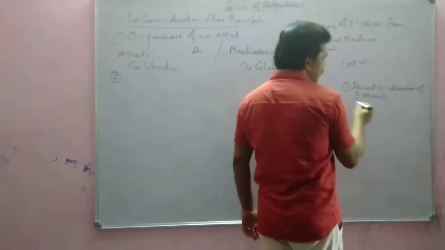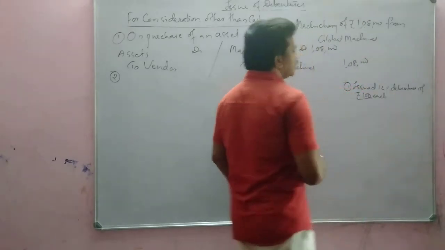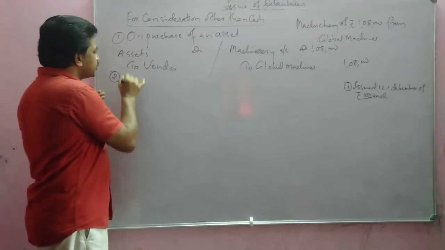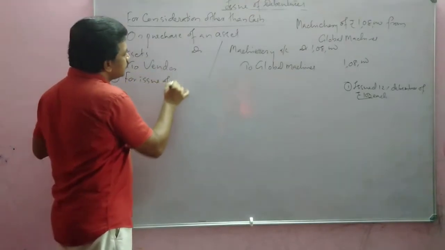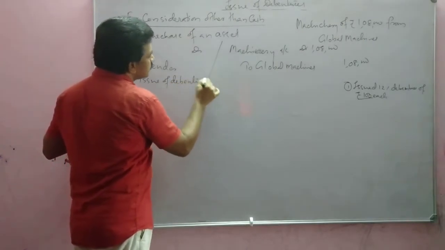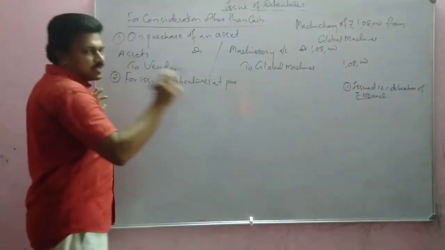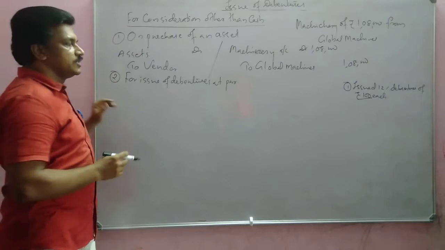That means face value is 100 each. So like that we issued. That means for issue of debentures at par or at face value, we are issuing debentures for face value.